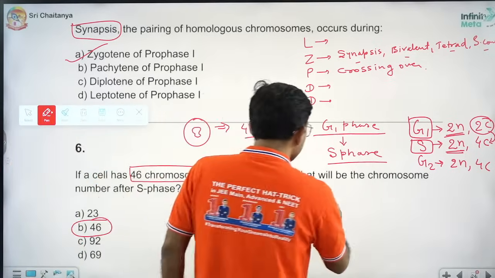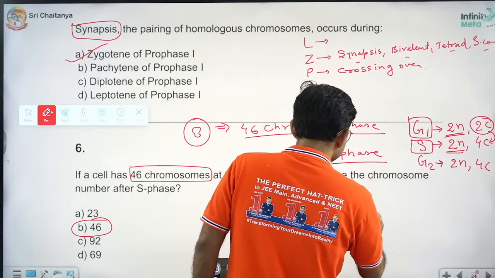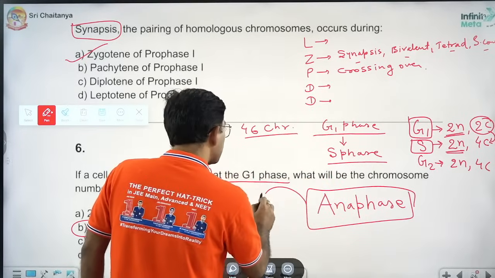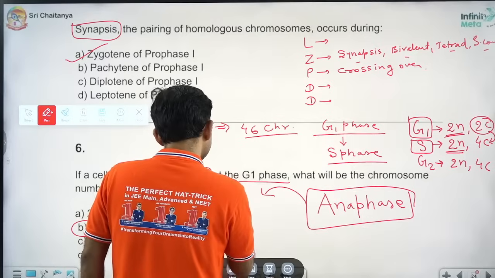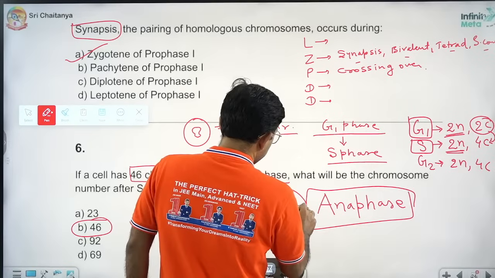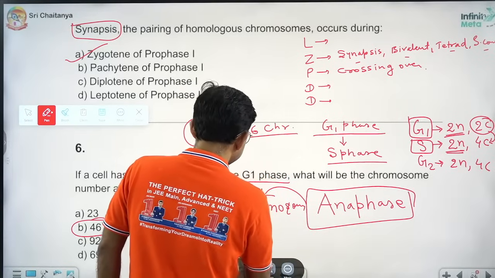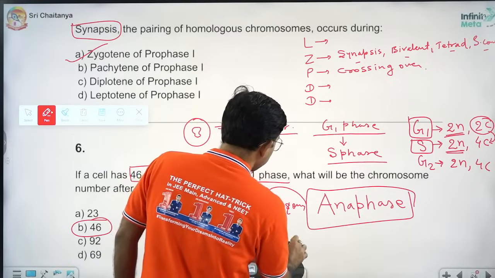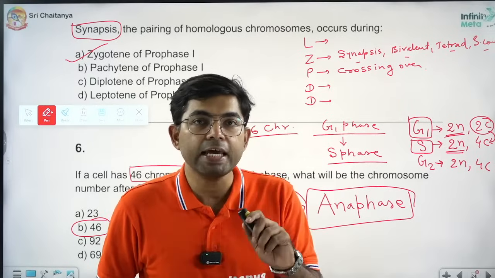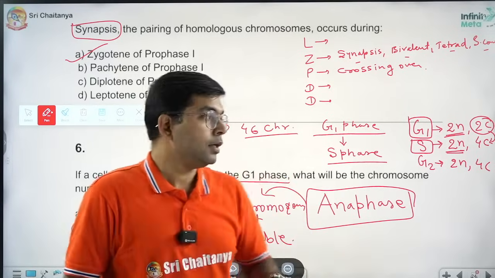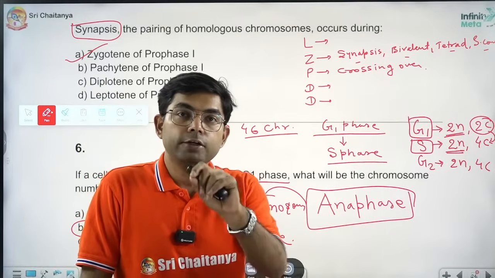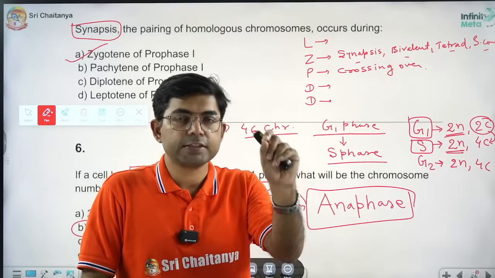Then comes anaphase. In anaphase, the number of chromosomes gets doubled. If a question is asked in which stage the number of chromosomes gets doubled, you will say anaphase. Now, this will be a common stage for mitosis and meiosis: G1 phase, S phase and G2 phase.